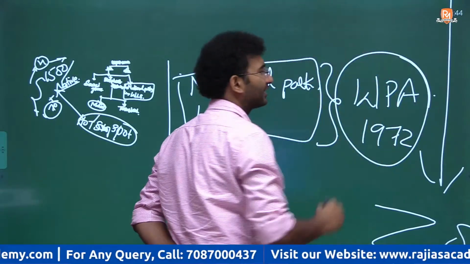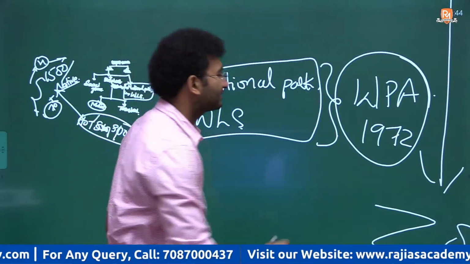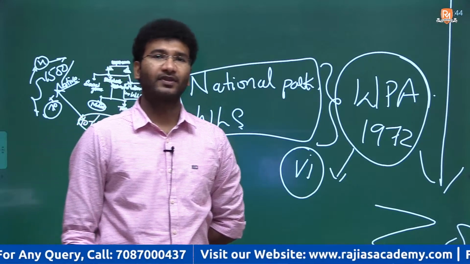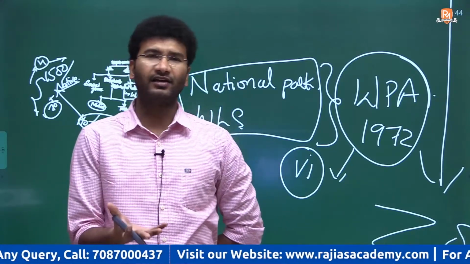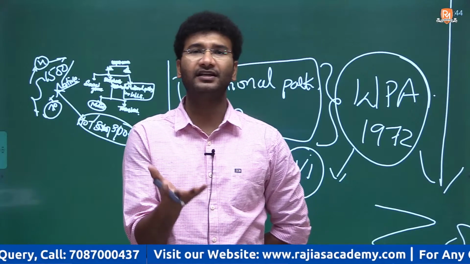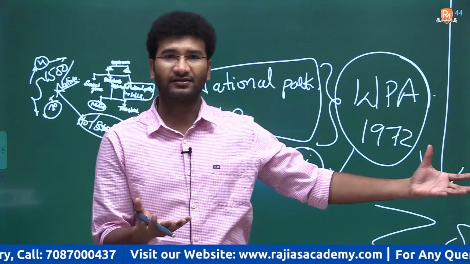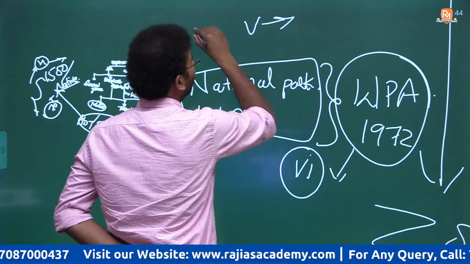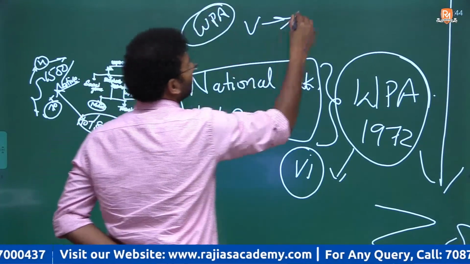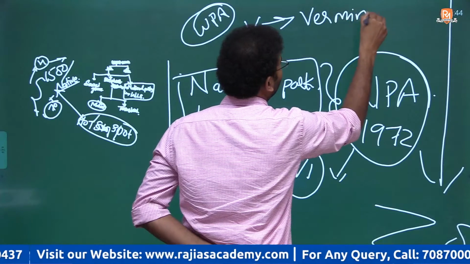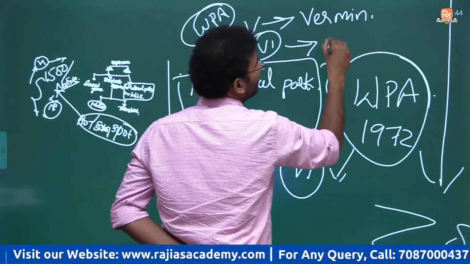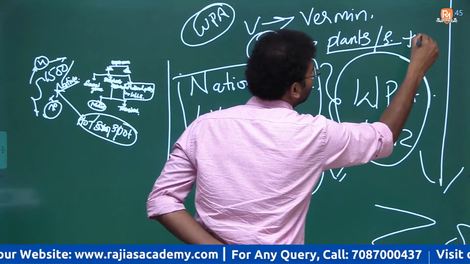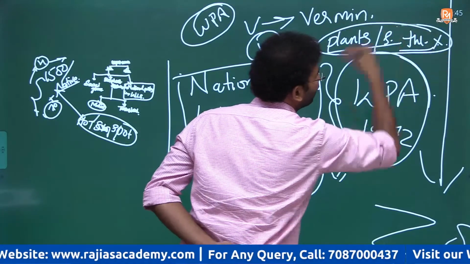Under this Act, there are 6 schedules, right? Each schedule is given a certain level of protection, and this protection level is given to certain areas, right, and certain species. Like that, Schedule 5 in the Wildlife Protection Act deals with vermin species, and Schedule 6 deals with plants and other species which are under threat and which are not much of use.